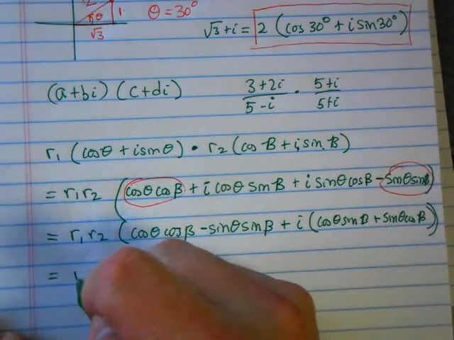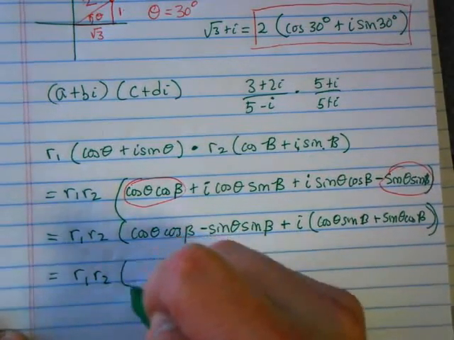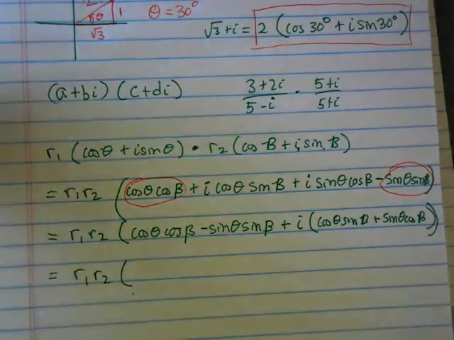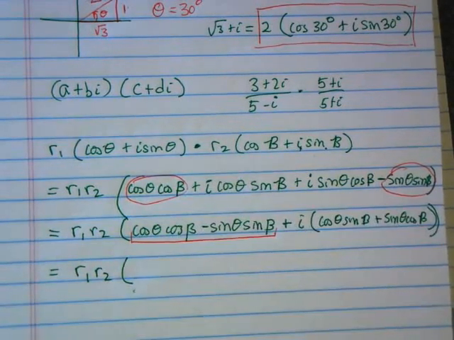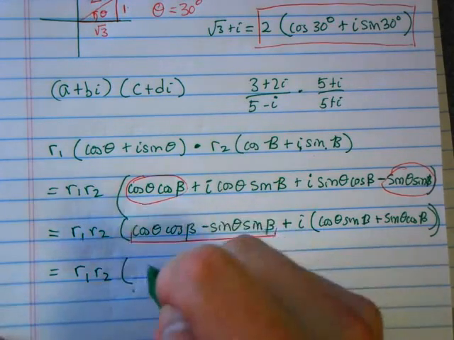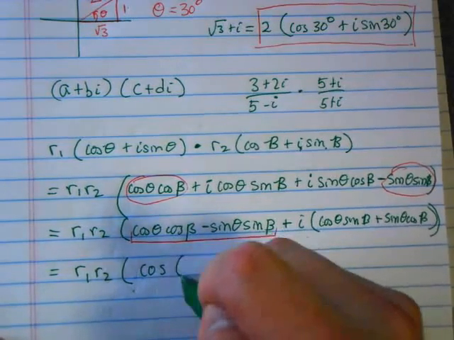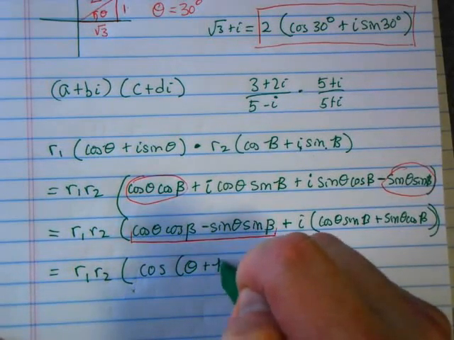This is r1 r2 times. This is one of our special trig identities. Anybody happen to recognize that one where you have cosine times cosine minus sine times sine? That one happens to be cosine of theta plus beta.